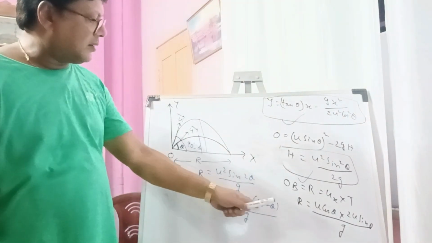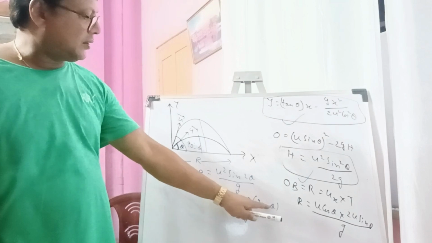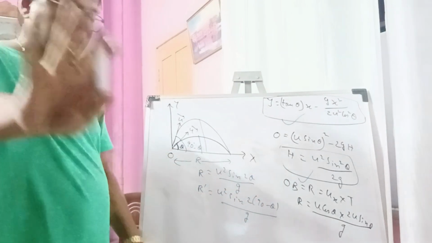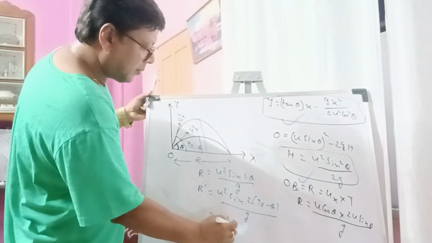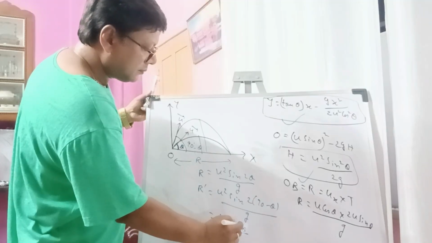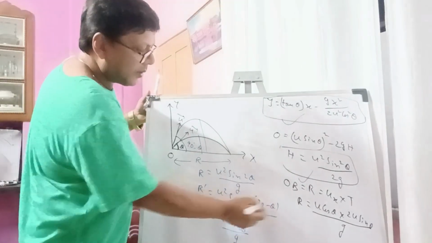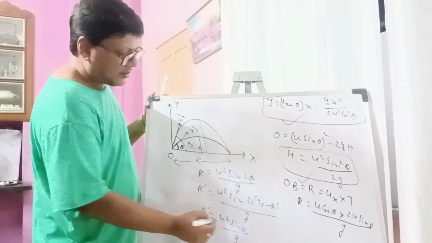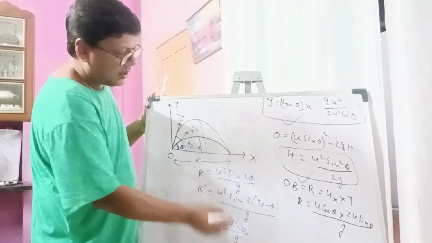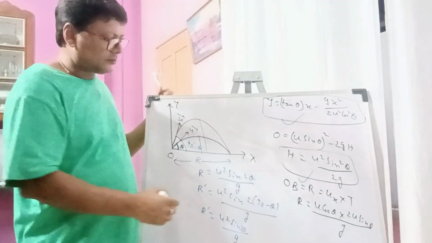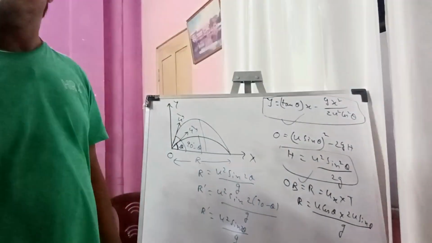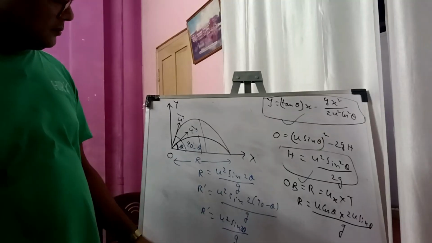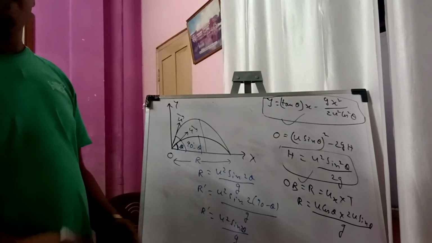Sin(180 degrees minus 2 theta), you know, is sin 2 theta, so R dash is u square sin 2 theta by g. R is also u square sin 2 theta by g. So both of them are equal, so R equals R dash.